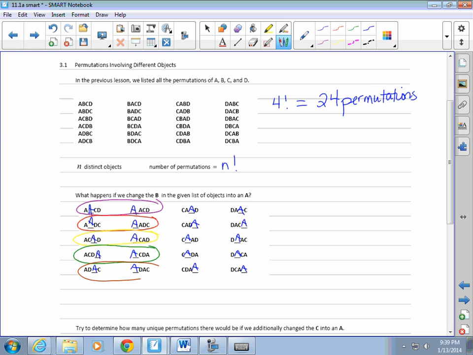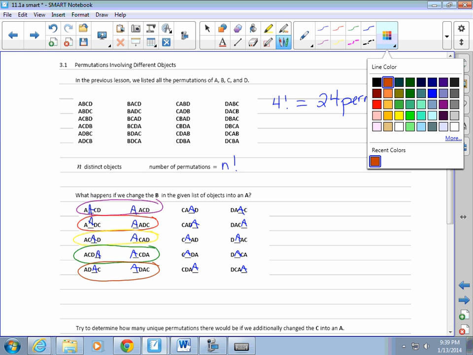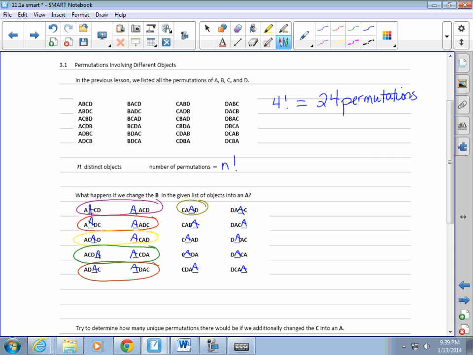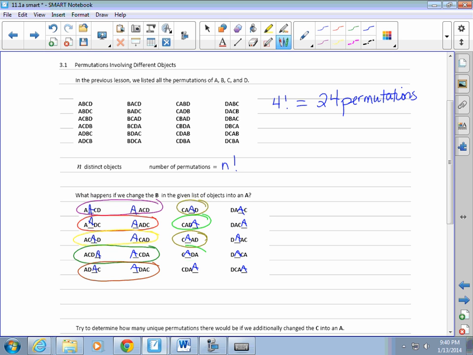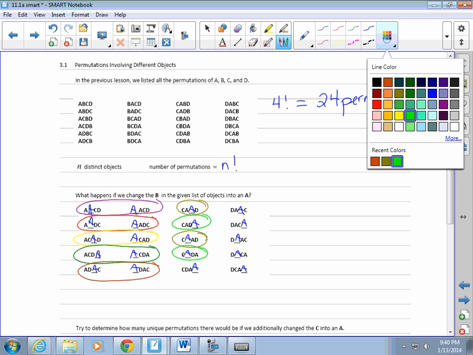ADAC, ADAC. CAAD and CAAD are right there. CADA and CADA. CDAA. Where did CDAA go? Am I missing one here?